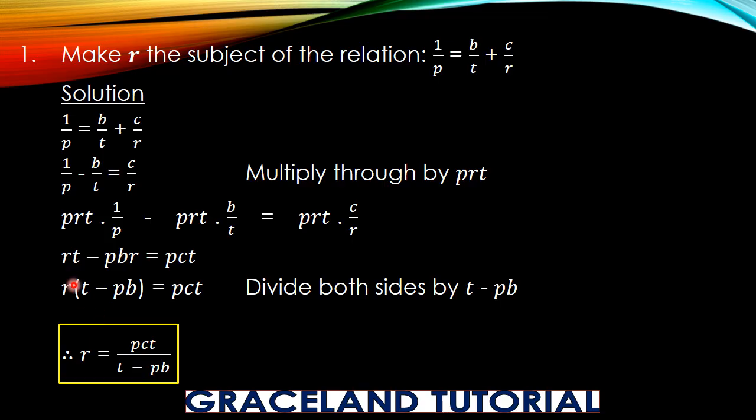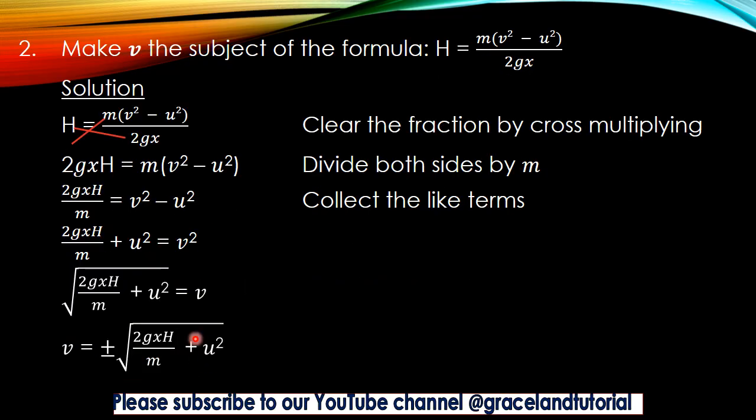T minus PB will cancel T minus PB, and you'll be left with R, which is equal to PCT over T minus PB. So the actual answer now is going to be R is equal to PCT over T minus PB. So quickly take the second question.